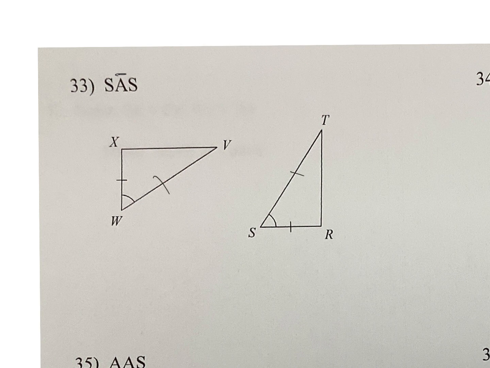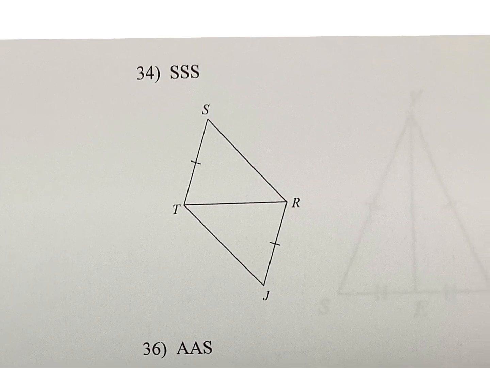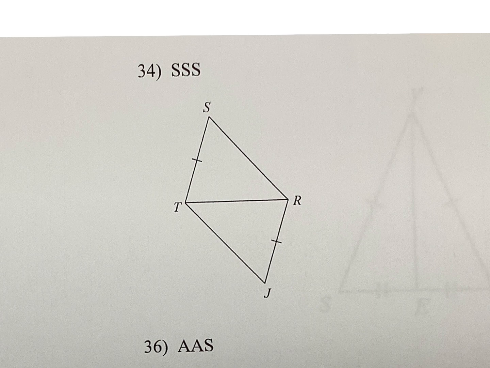Same thing for TS. Oops, use 2 because it's a different length. All right, let's go on to 34. Side, side, side, make sure you mark it correctly. So if you put 2 marks here, that's fine. Make sure you put 3 marks there. If you put the 2 marks at the SR, then the 3 marks go in the middle. Make sure you mark it correctly.